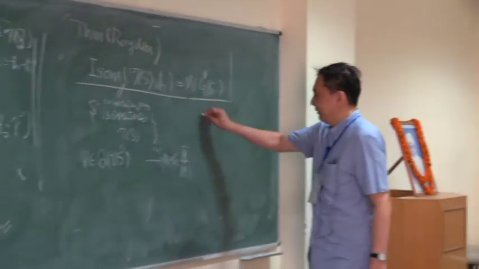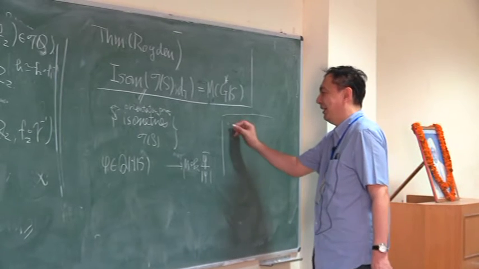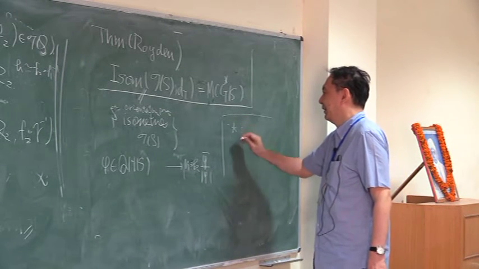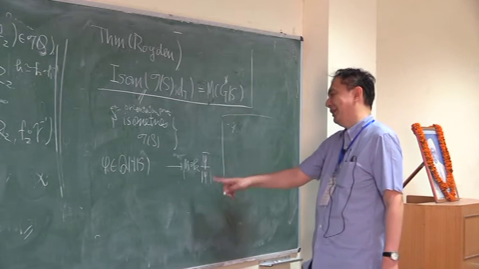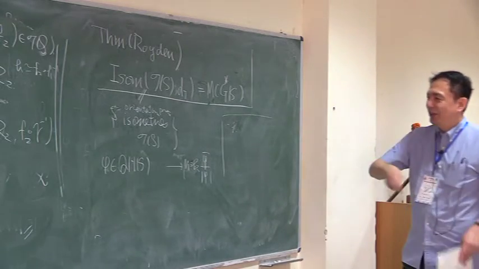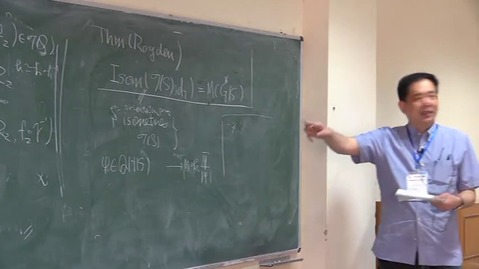Although I didn't tell you this, if you let k vary, then you get an arc in the Teichmüller space.